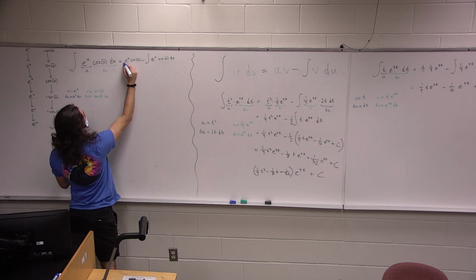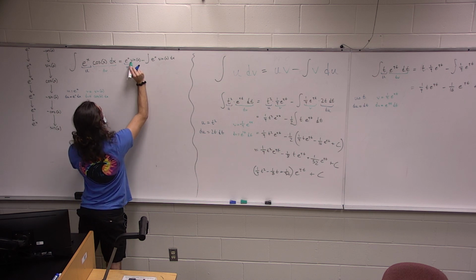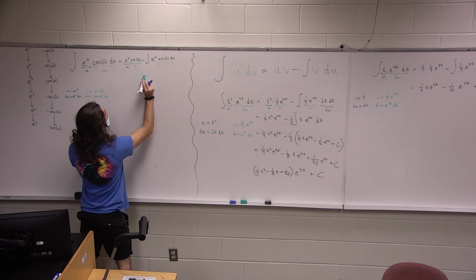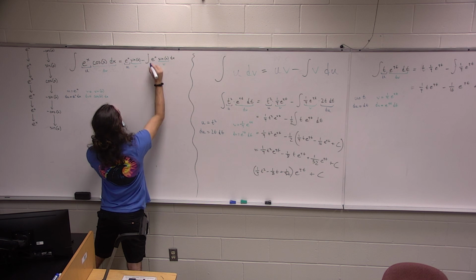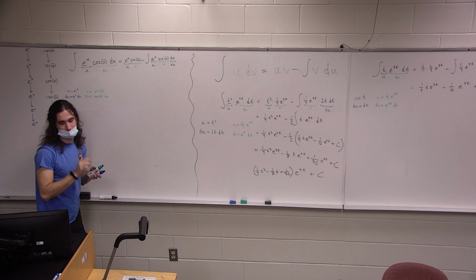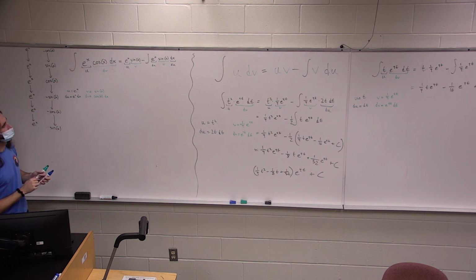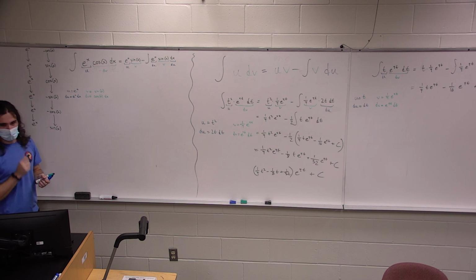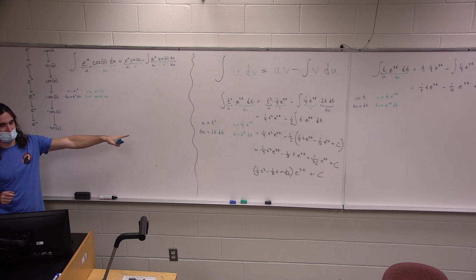Just to be clear, that's u times v minus the integral of v du. So that's what I get after making that swap. Does that make sense? Everybody on the same page? Okay. Are you good with copying that one? Oh yeah, yeah. Okay, sweet.